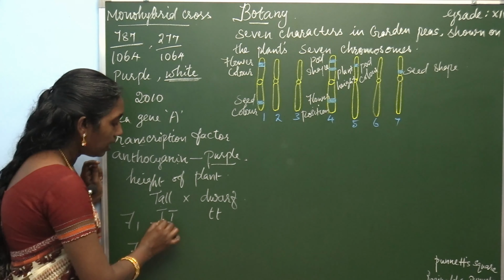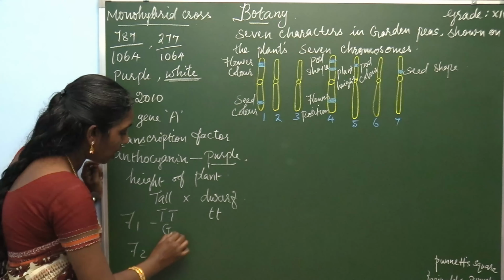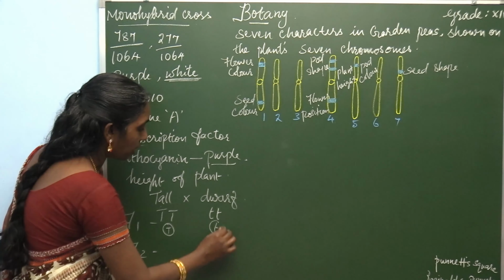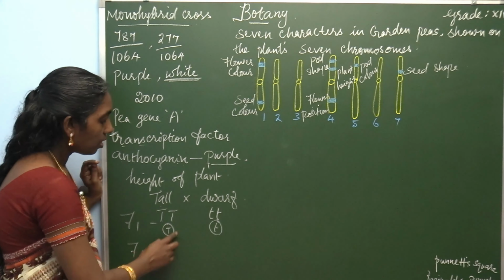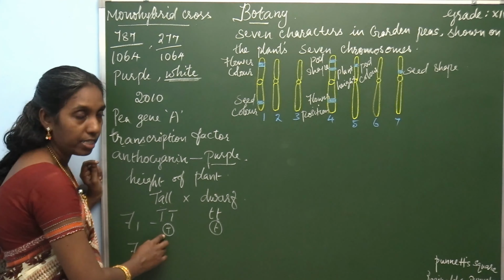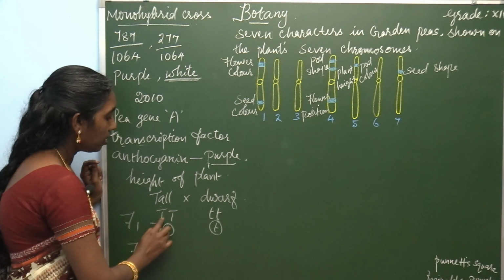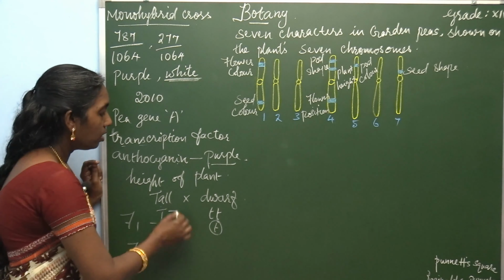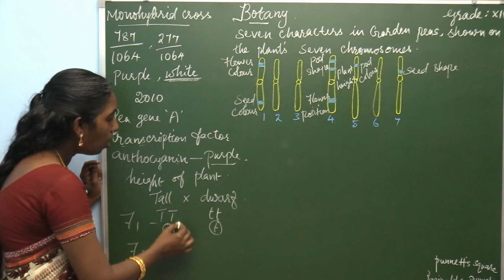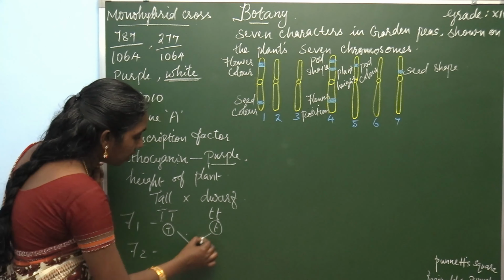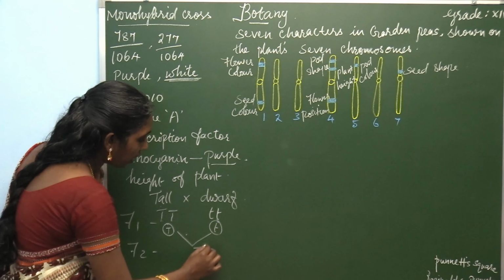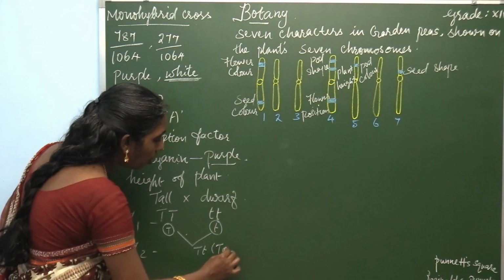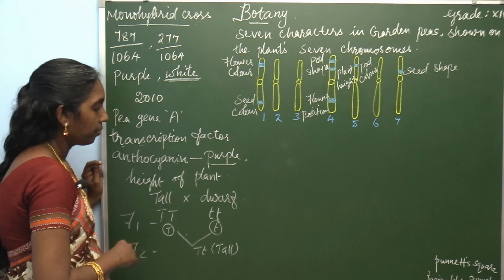The T is a gamete. Alleles are represented in pairs. So this gives capital T, small t in the F1 generation, which produces all tall plants.